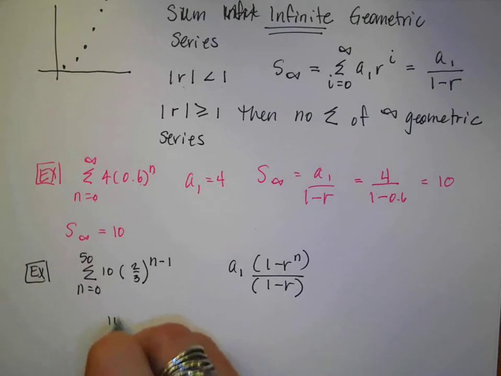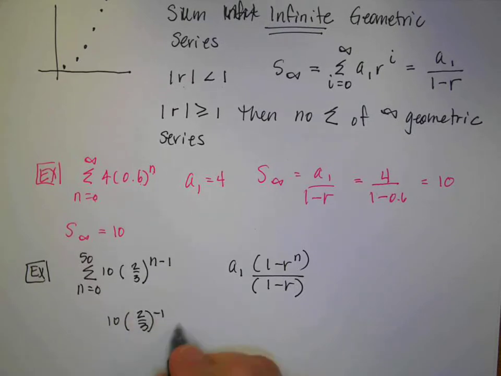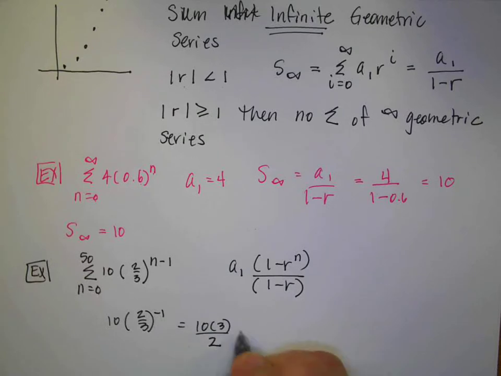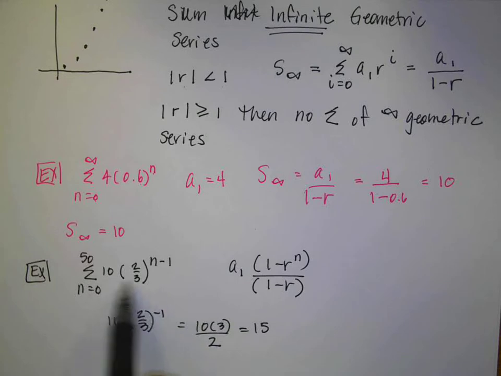But notice what happens when I substitute 0, because this sequence starts at 0. I get 10 times 2/3 to the negative 1, which is 10 times 3 divided by 2. So my first term is actually 15.